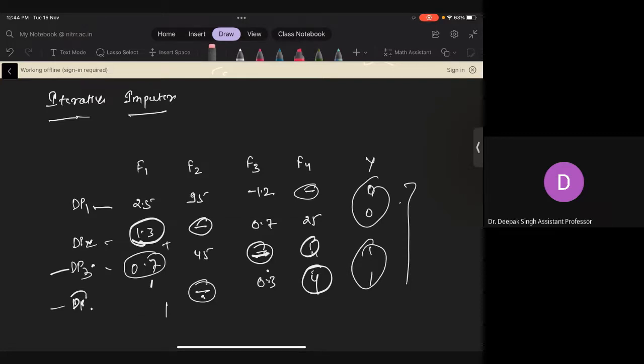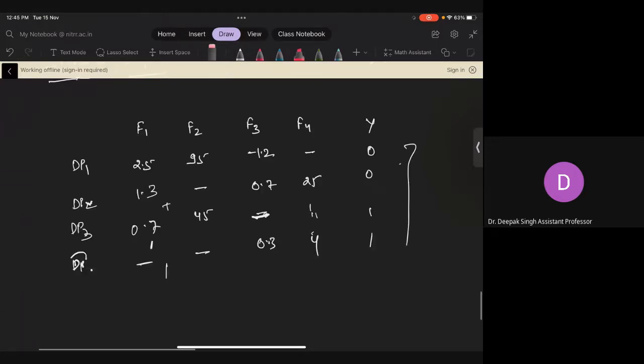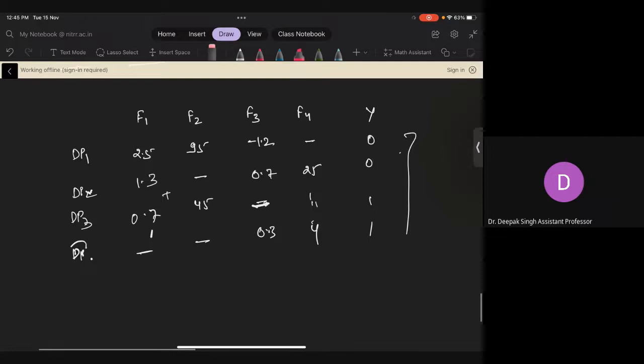This was missing, I guess. Data point 4, let me remove this, 1.3, remove this. This was my original data. Yes, this was the original data that we took.